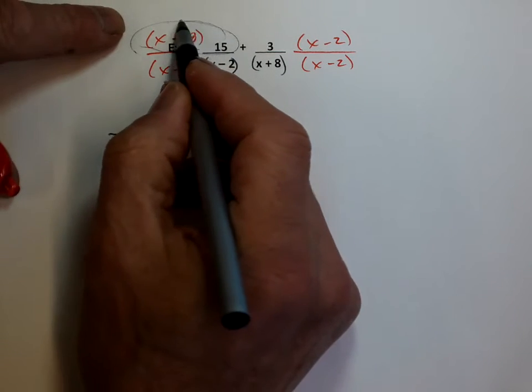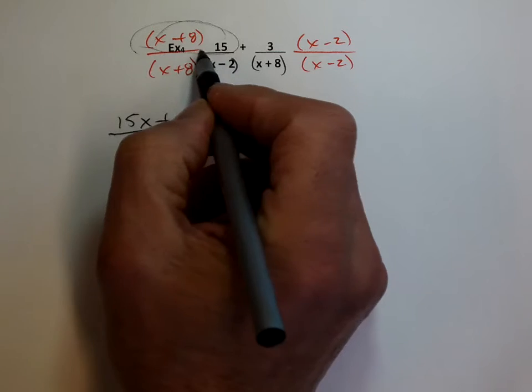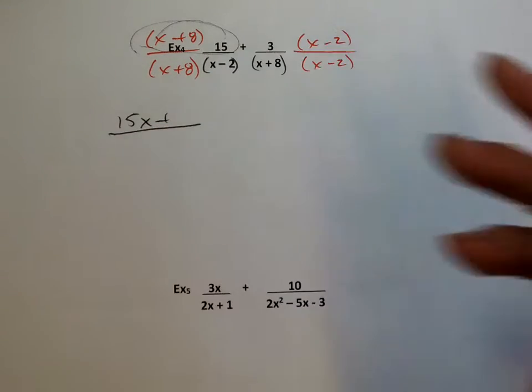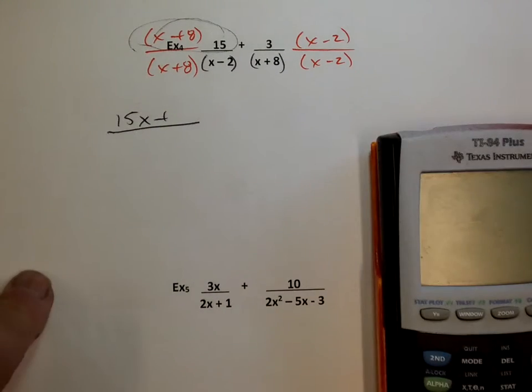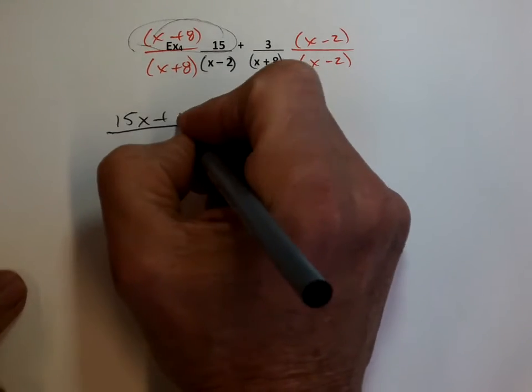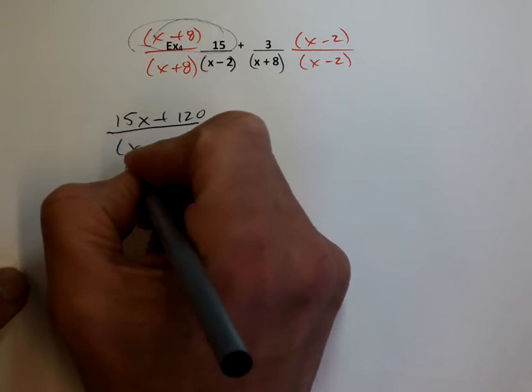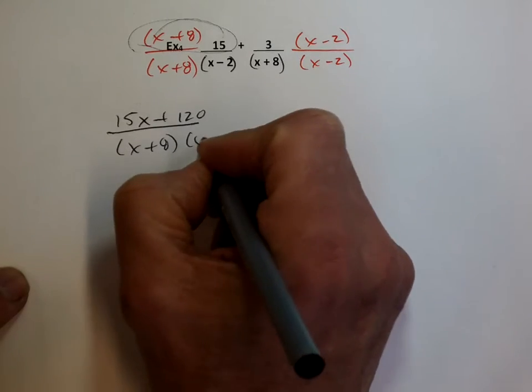I'll get a 15x plus, let's see, 15 times 8, I think it's 120. 15 times 8, 120, yep. Plus 120 over my common denominator, which is this x plus 8 over x minus 2, okay?